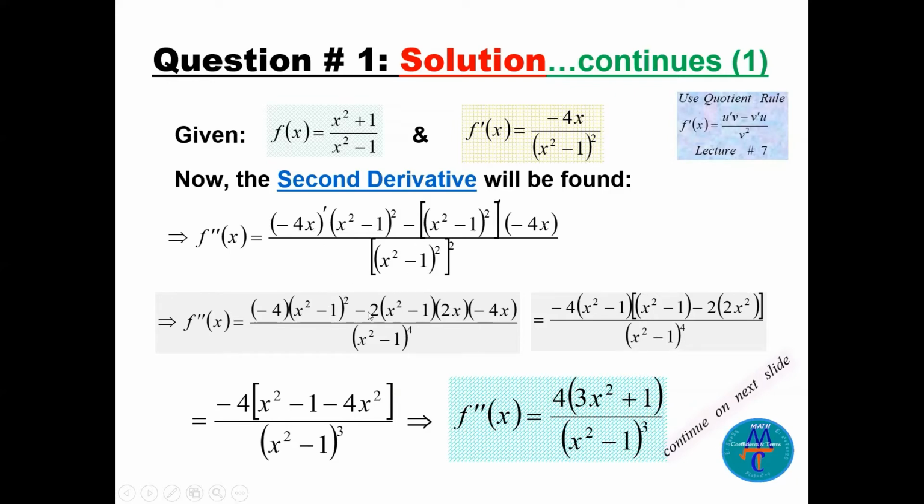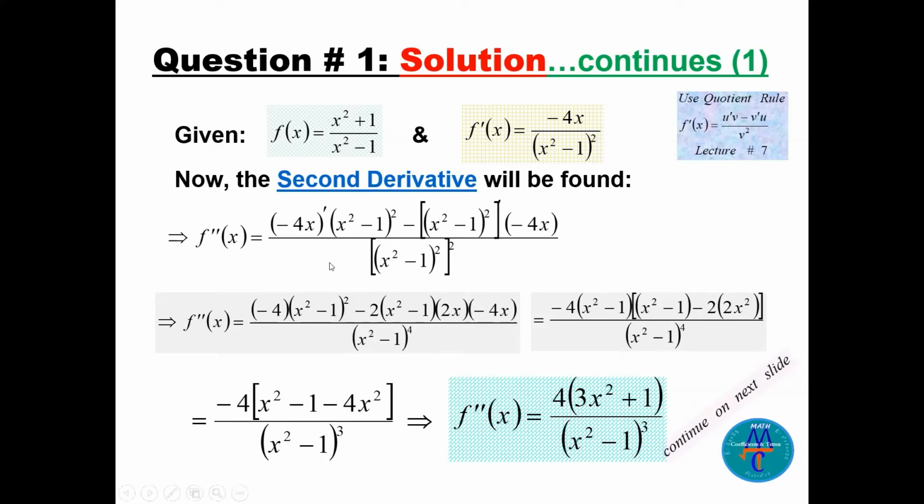Here we have minus 2 brought down, and then 2 minus 1 in the power, times the derivative of the inside, 2x, times minus 4x. Now we can take minus 4 as a common factor, also x squared minus 1 as a common factor. We have seen this idea before.